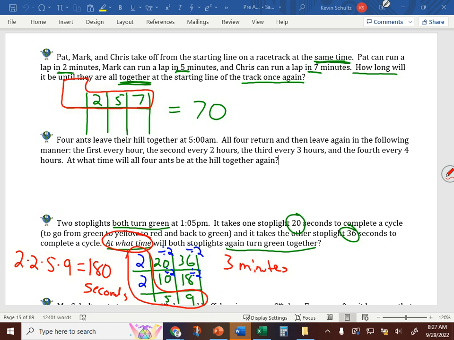Still not the answer because that's not a time. At what time will they both turn green together again? Here's where we go back to that 1:05. If that's when it first happened, it'll happen 3 minutes later. Everybody? 1:08 p.m.